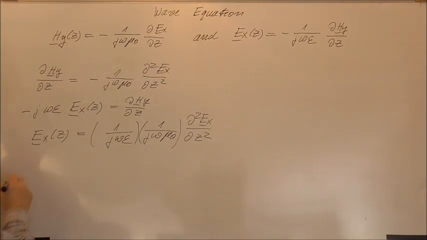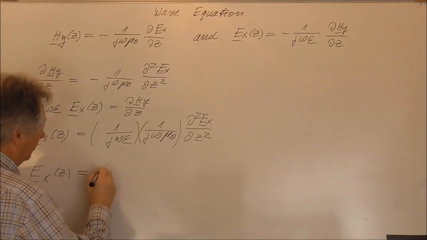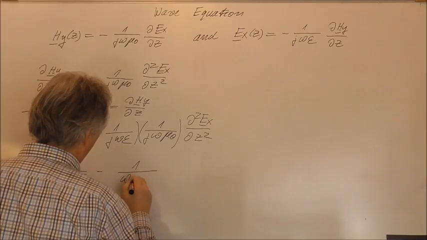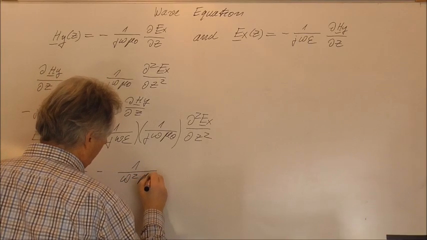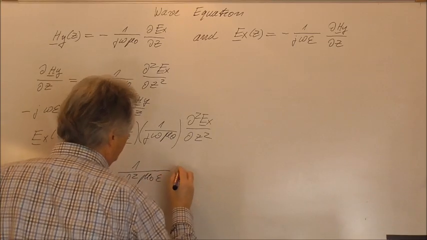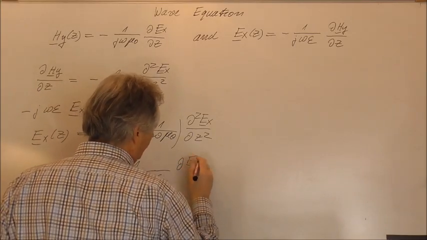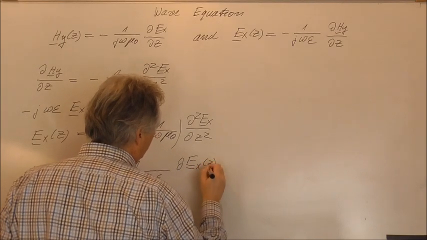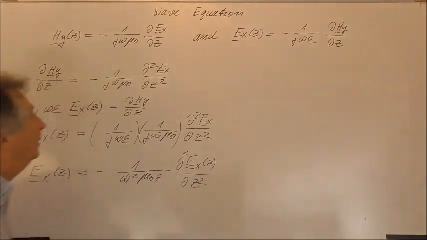And so we will find that Ex of z is given by minus 1 over omega squared mu naught epsilon, second derivative of Ex with respect to z squared.